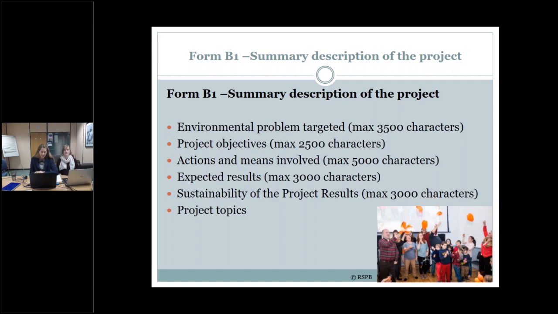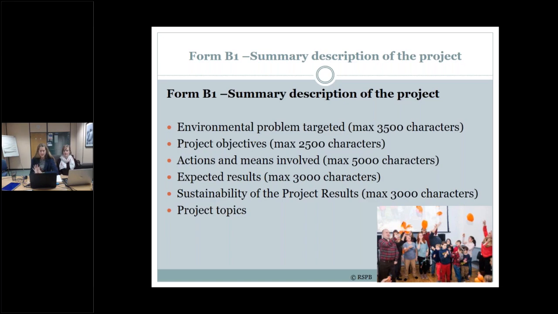Oh, no, going back. Within the expected results, you have 3,000 characters. And in this section, you have to address what is the outcome of addressing each cause of the problem. Again, please quantify any improvements to help determine value for money.